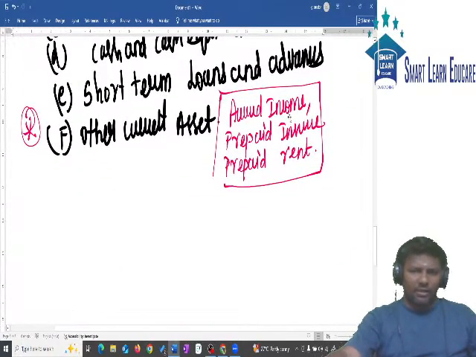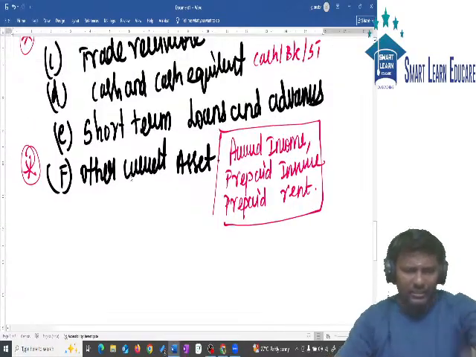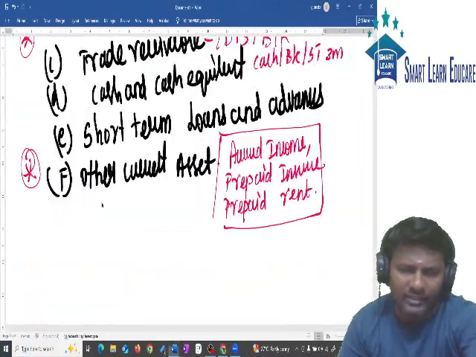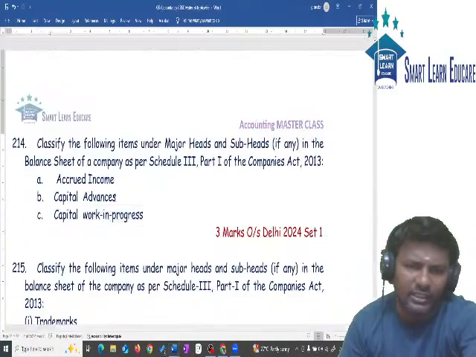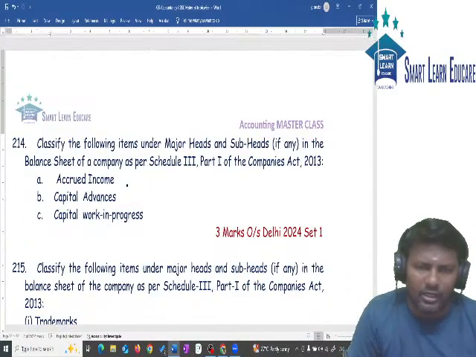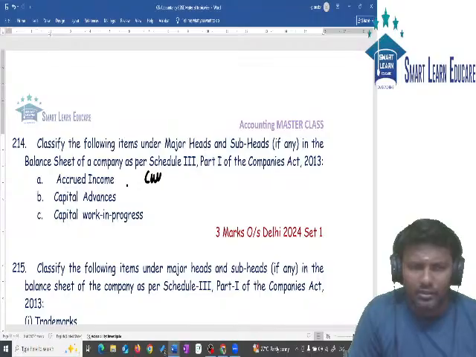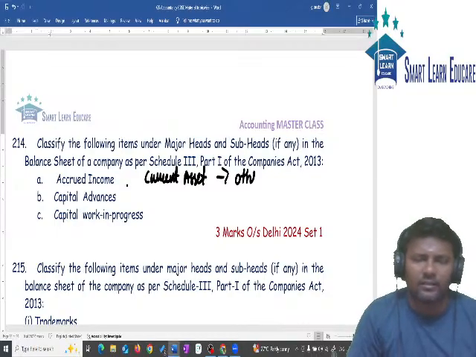Other current asset will come under what category? Current asset. So accrued income will come under current asset. In that current asset, it is other current asset.